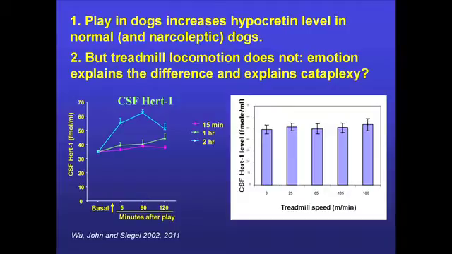And these dogs are very active. And indeed, when they're out in the yard, the hypocretin level goes way up. In contrast to what we saw with food, where there wasn't much of an effect, you can get a 70% increase in hypocretin level by just letting these dogs out in the yard.